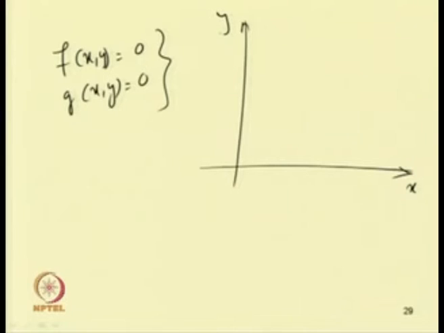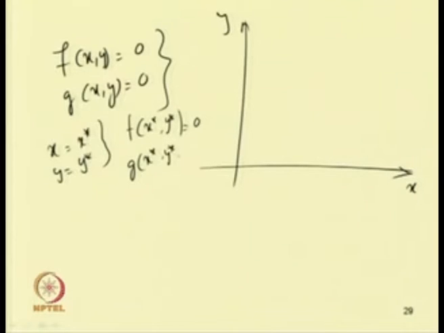Given these 2 functions, our objective is to find x = x*, y = y*, for which we will have f(x*, y*) = 0 and similarly g(x*, y*) = 0.